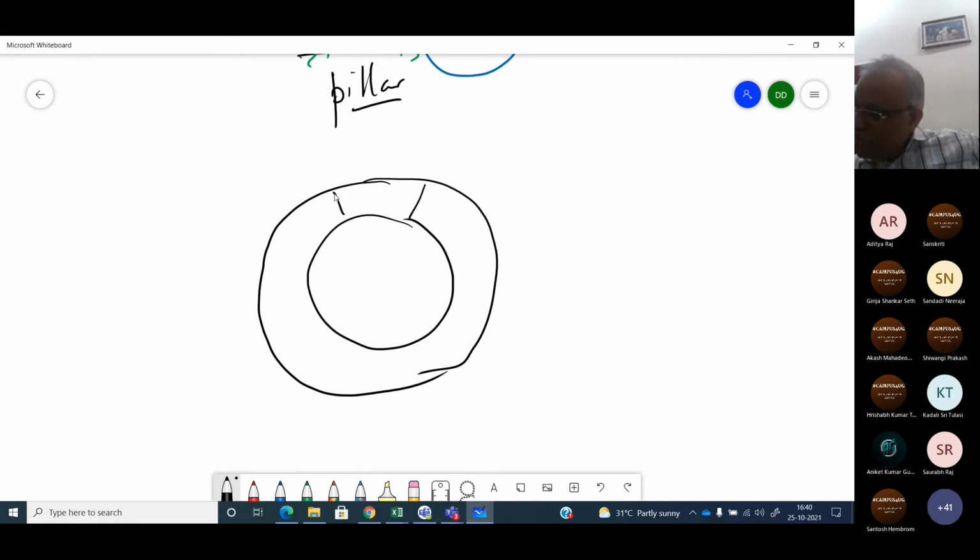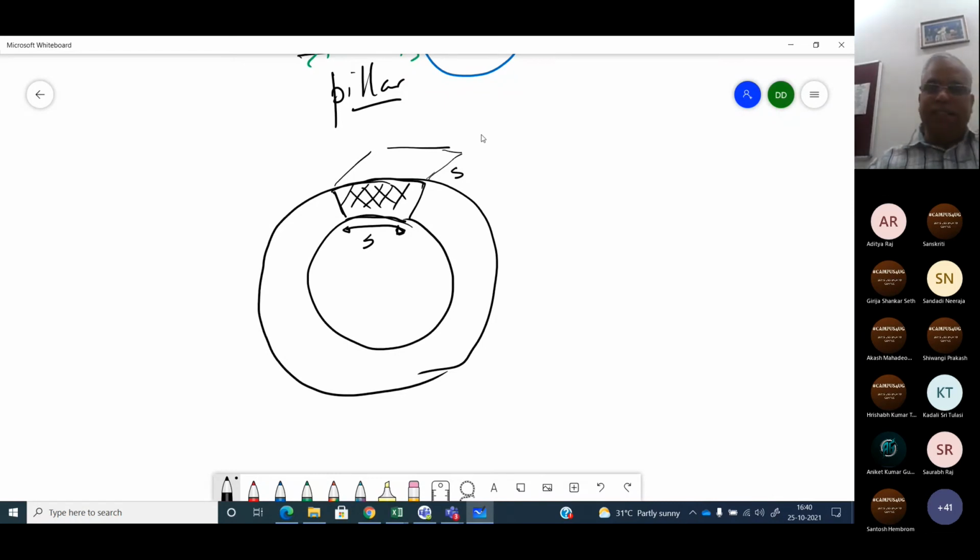Let's assume there is a piece of rock right here where this is S, and in this direction also S. Let's assume it is a square type of thing, or I can put a and b for that matter.